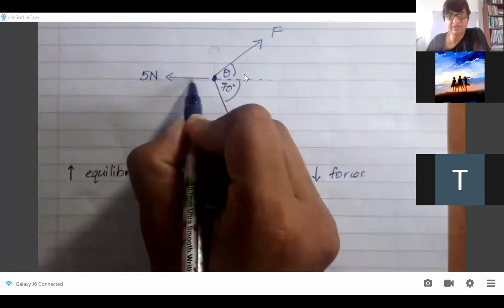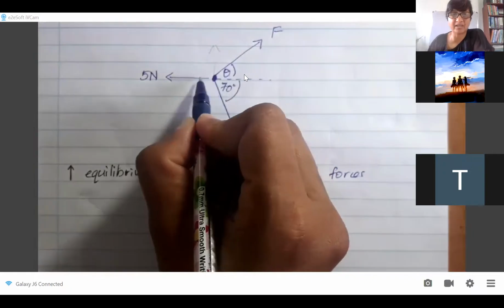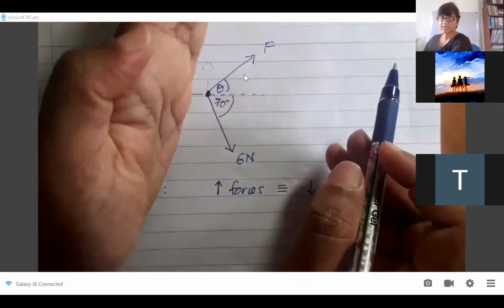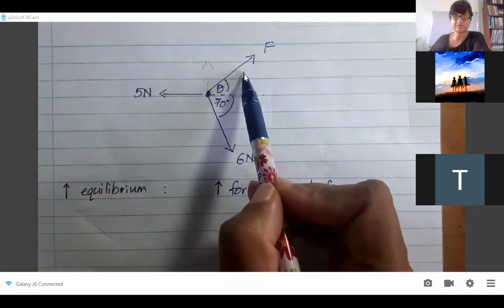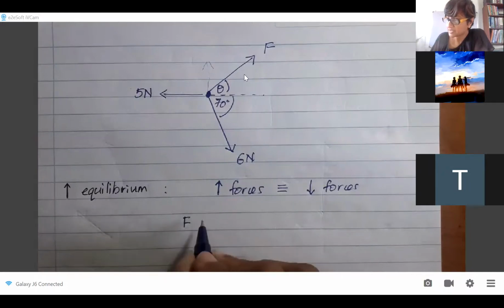There is nothing coming from the horizontal forces, no component from the horizontal forces. This is entirely horizontal. There would be an upward component coming from this force. And what is that component? F sine or cos?